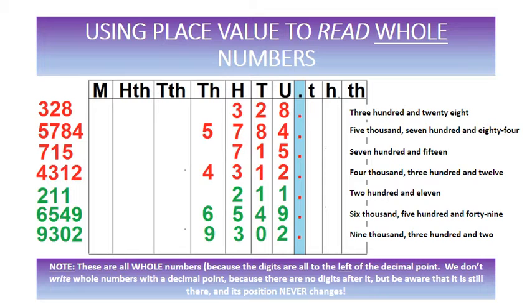Note that these are all whole numbers because the digits are all to the left of the decimal point. We don't write whole numbers with a decimal point because there are no digits after it, but be aware that it's still there and its position never changes.